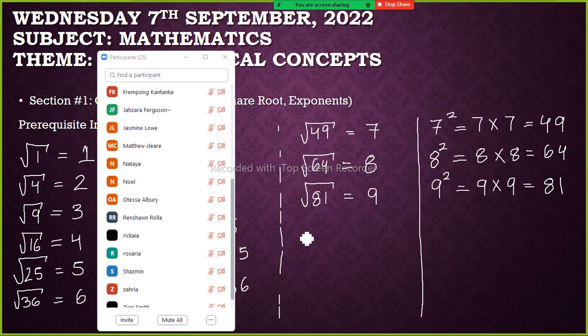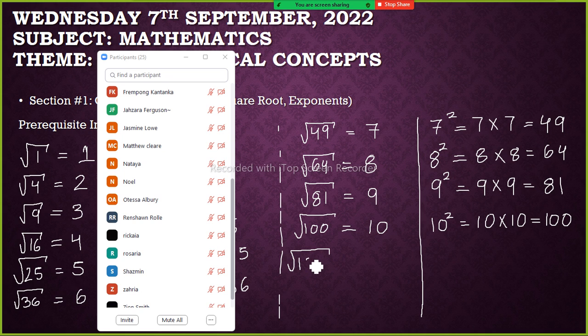And then we have the square root of 100, which is 10. Very good. Because 10 squared equals 10 times 10, which is 100. And then we have the square root of 121, which is what? 11.